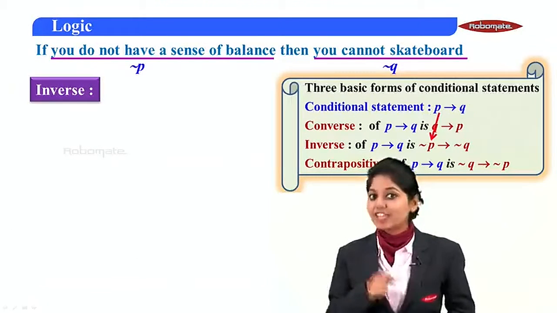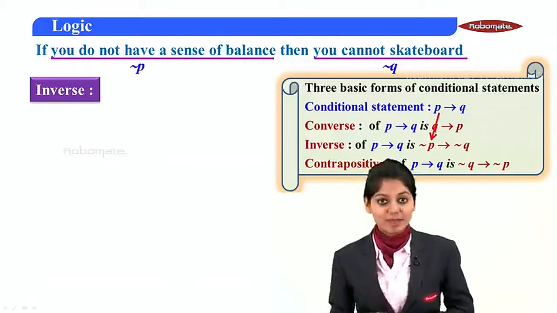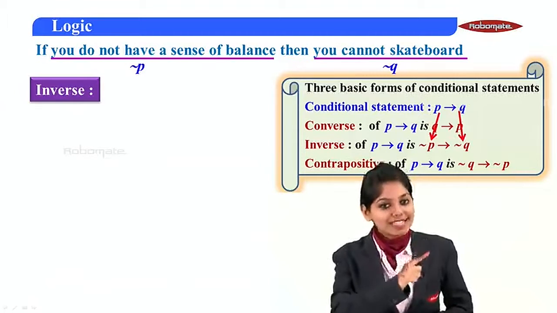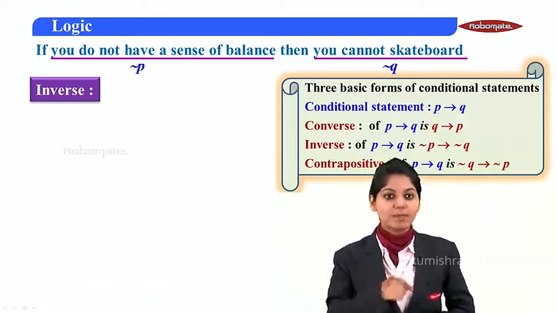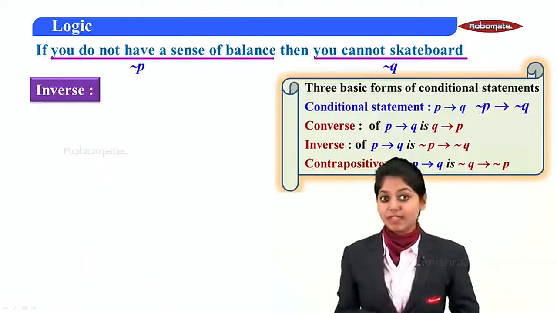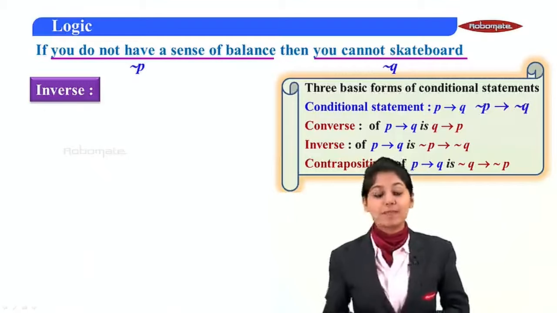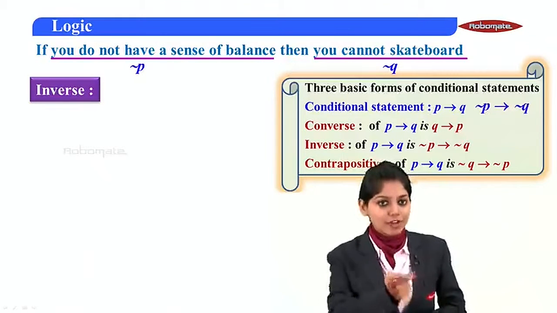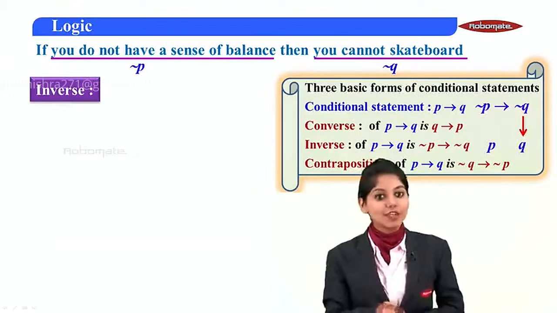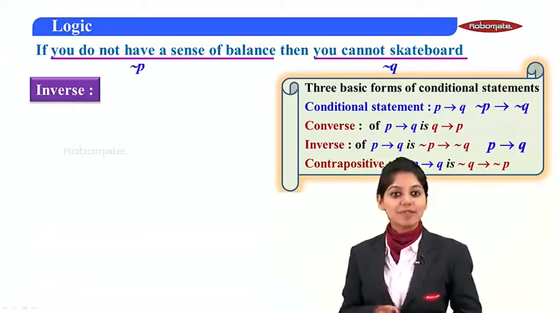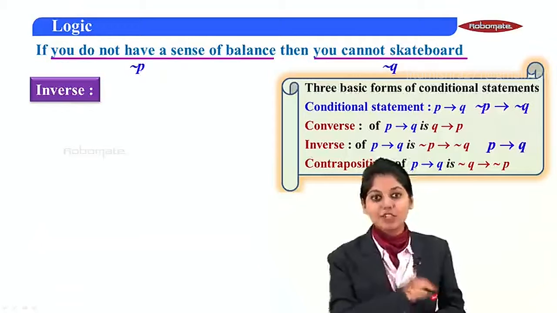We try to get the negation of the first statement, that is negation P, and then the negation of the second statement, which is negation Q, and then you simply put the implication symbol. The same thing you have to do for negation P implies negation Q. Negation of negation P will be P. Negation of negation Q will be Q, and then the implication symbol between them, that is P implies Q.